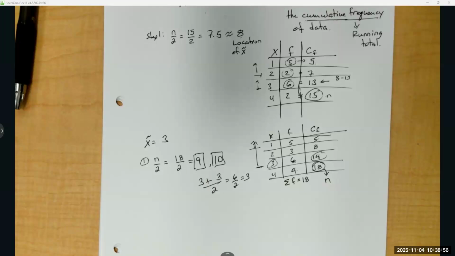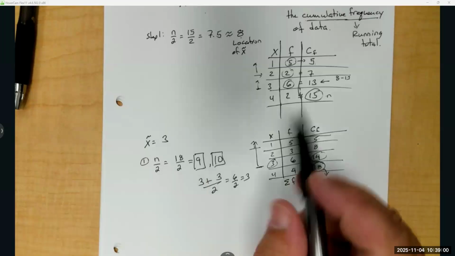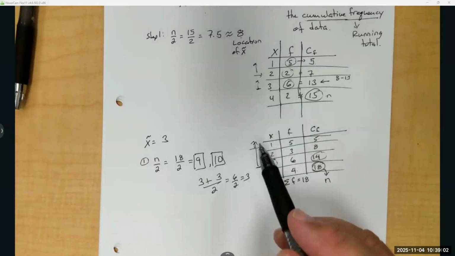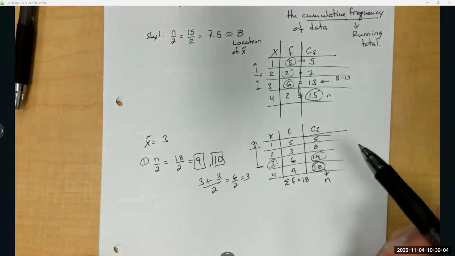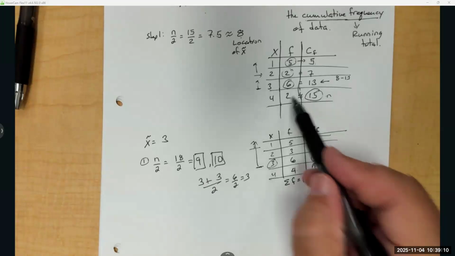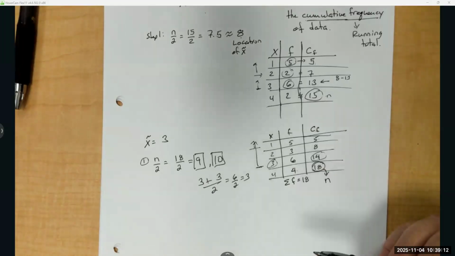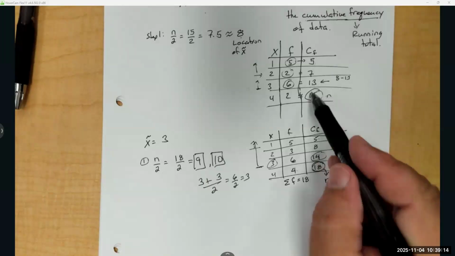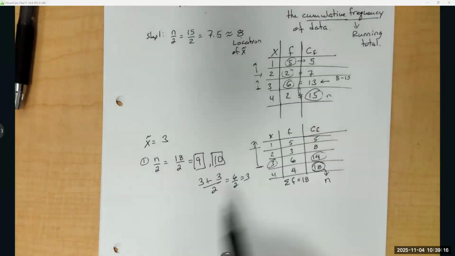And the mode would be what? Yeah, it'd be 3 because there are most 3s. Is it a modal class or is it a mode? For the mode, it's only the frequency, not the cumulative.